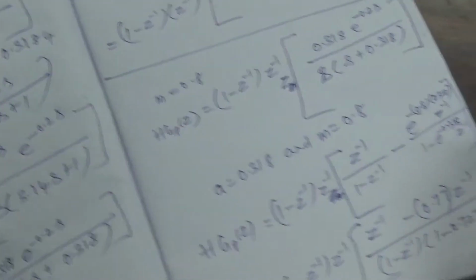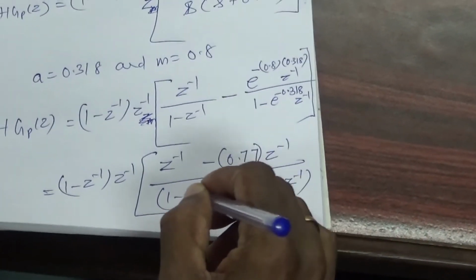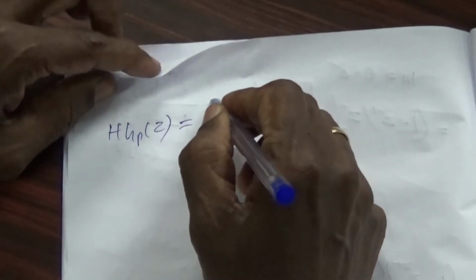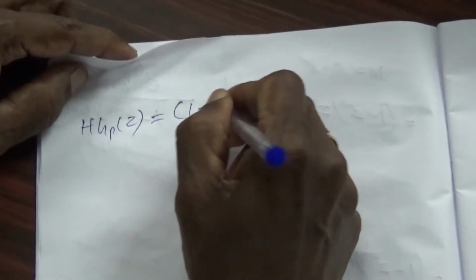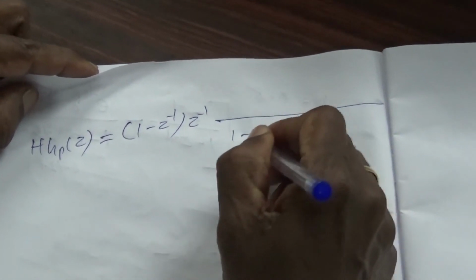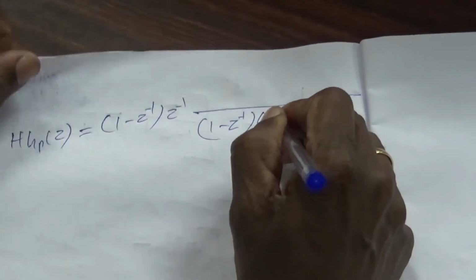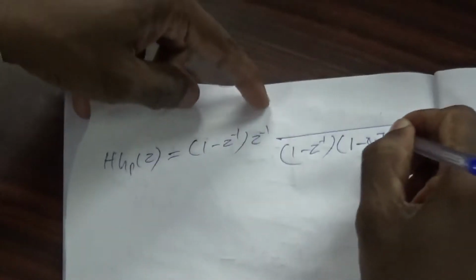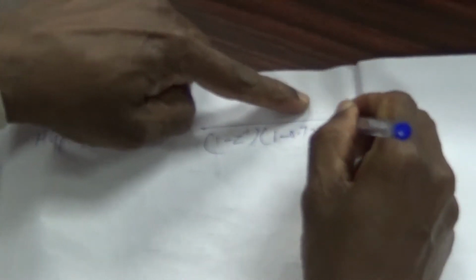If we take the LCM, H gp of z equals 1 minus z power minus 1, z power minus 1. The LCM is 1 minus z power minus 1 into 1 minus 0.727 z power minus 1.